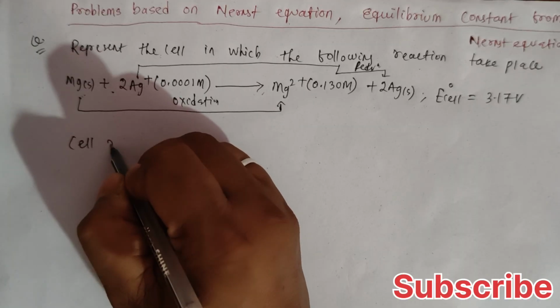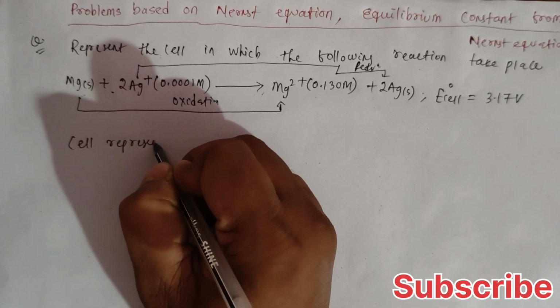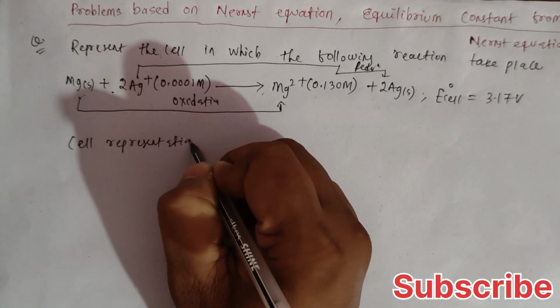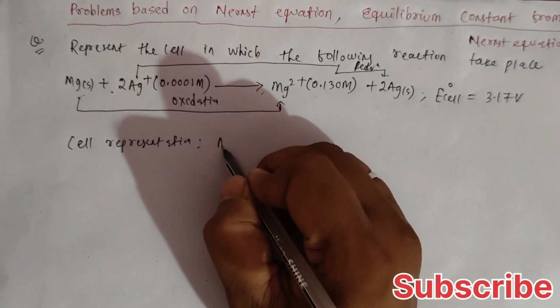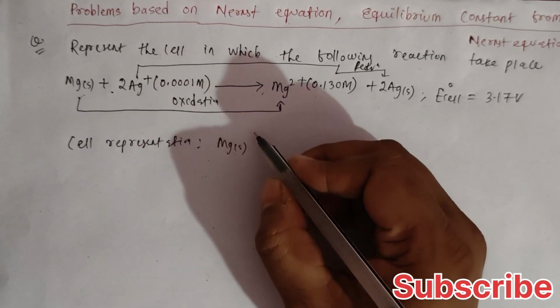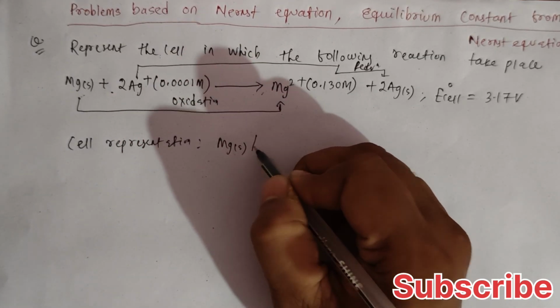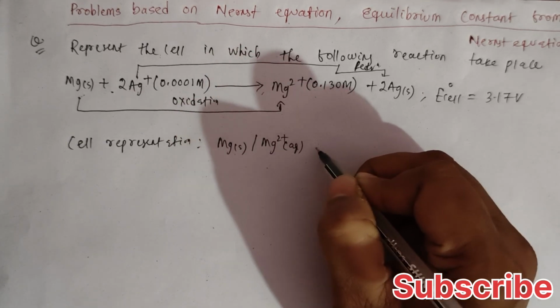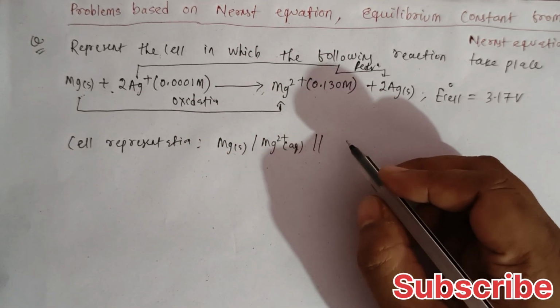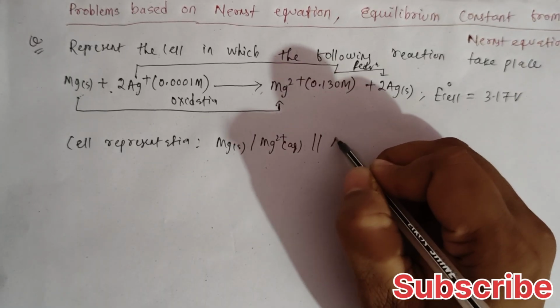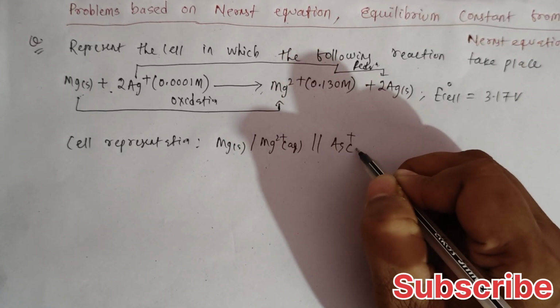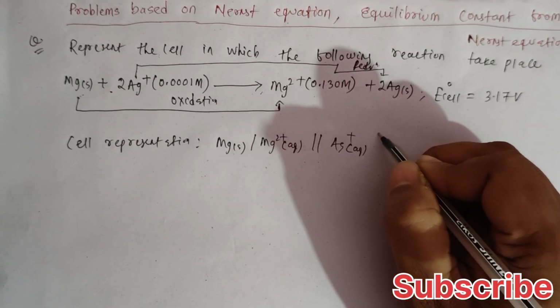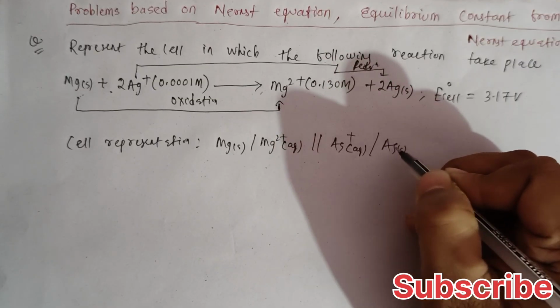Simple. So the cell representation will be Mg solid slash Mg2+, this is the oxidation half, with the salt bridge shown by two lines, then Ag+ aqueous gives Ag solid, this is the reduction half.